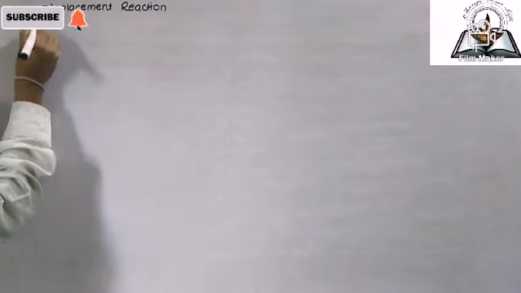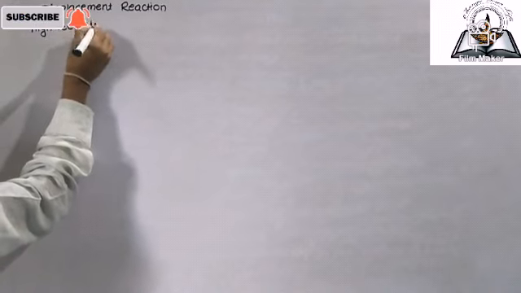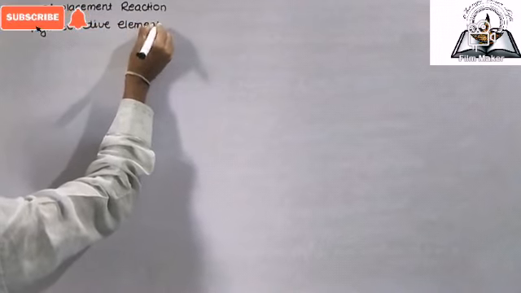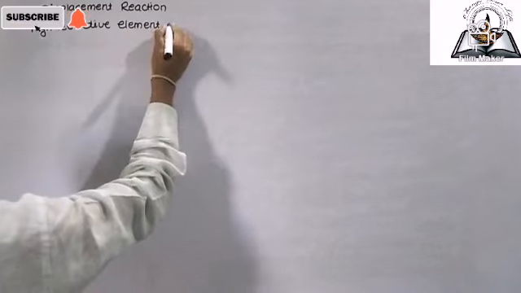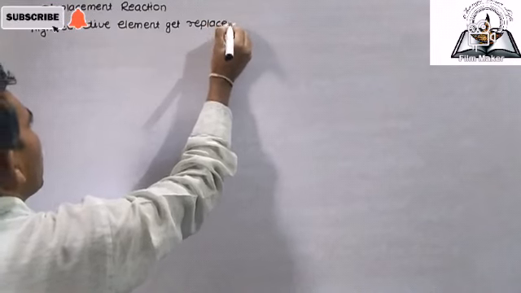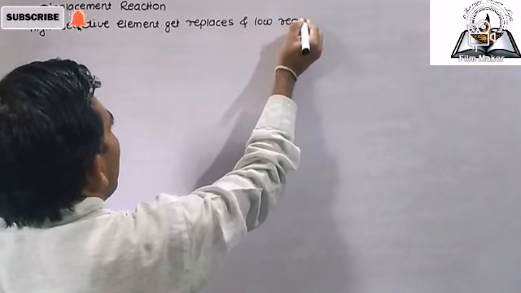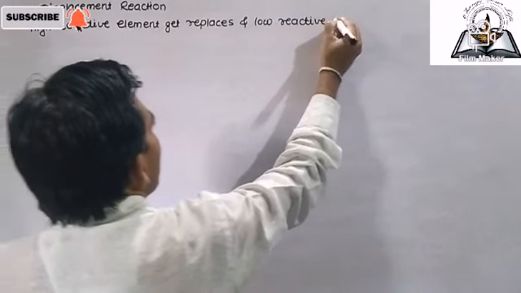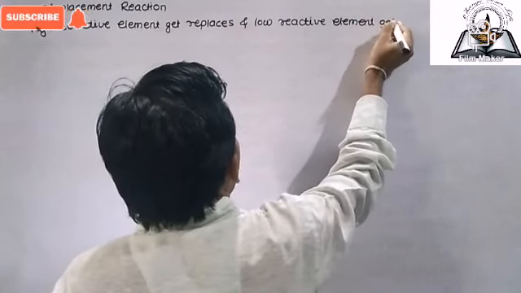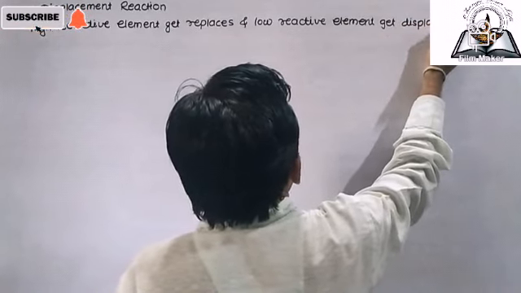So a high reactive element gets replaced and a low reactive element gets displaced, then the chemical reaction is said to be a displacement reaction.